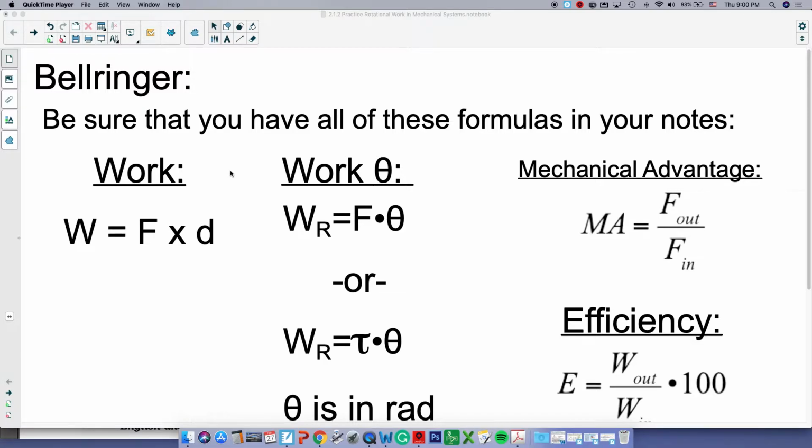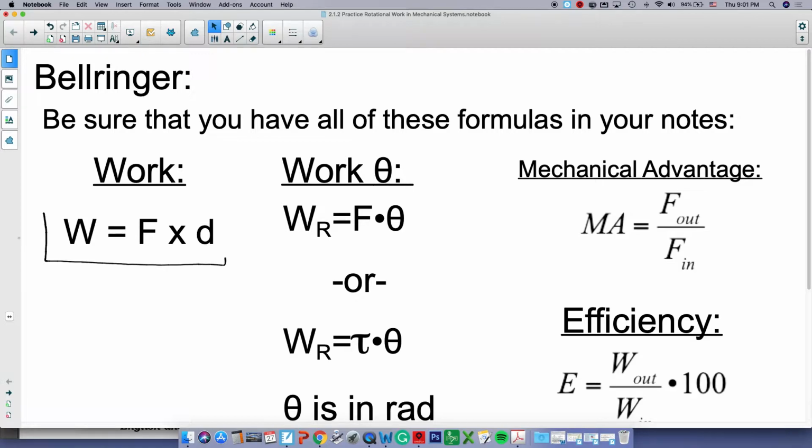Okay, so there's an equation that I have on the worksheet for you guys. It'll be coming later in the slides here, but we have our general work equation over here. Okay, so work equals force times distance. That's work, and it's measured in joules.